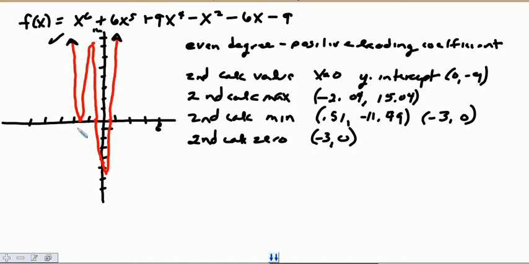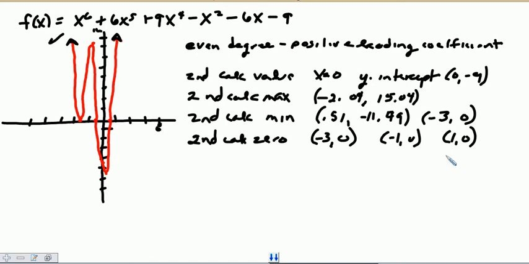What are the rest of my zeros? Well, if I calculate the rest of my zeros, I discover that I also have a 0 right here at negative 1, 0. And I have a 0 right here at 1, 0. So second calc 0 will give me those.